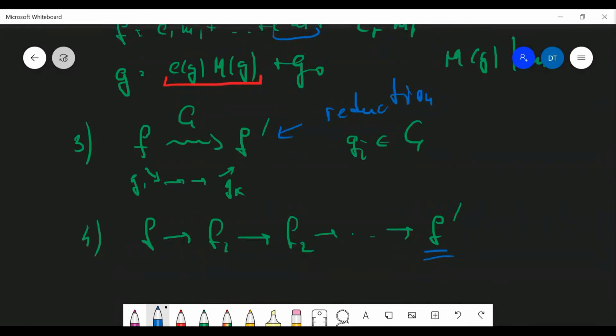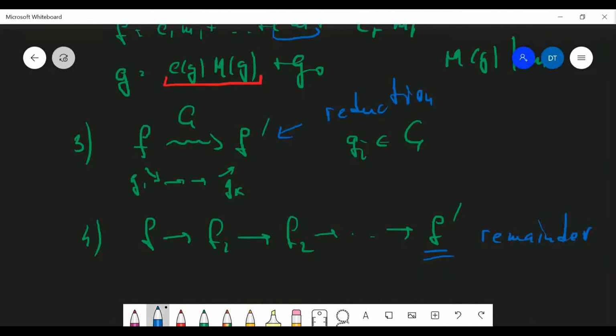Well, you cannot make any reduction with respect to G. It means that all monomials inside f prime are not divisible by the leading monomials of elements inside G. And this is your remainder. So the remainder is just a polynomial that cannot be reduced by the set G.